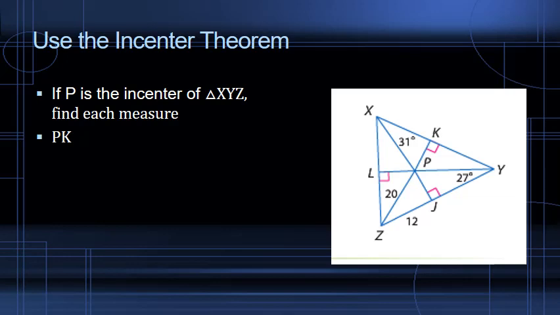If it's an acute triangle, I think I meant to mention this in that video, but I didn't. If it's an acute triangle, the circumcenter is going to end up in the interior of the triangle. If it's an obtuse triangle, the circumcenter is going to be outside, on the exterior of the triangle. And if we're dealing with a right triangle, the circumcenter is going to be on the hypotenuse.